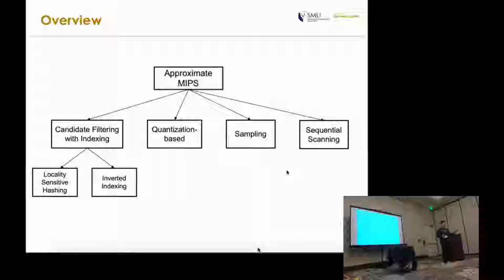Those are the two possible approaches. So I'm going to move to the first part, which is different approaches to reduce the number of items that you need to investigate.